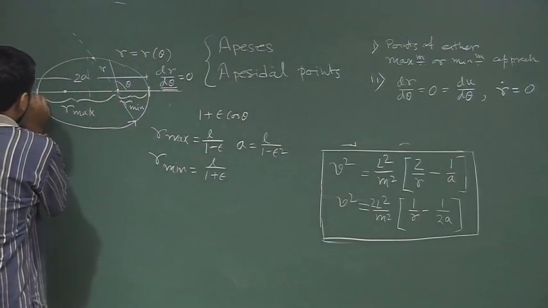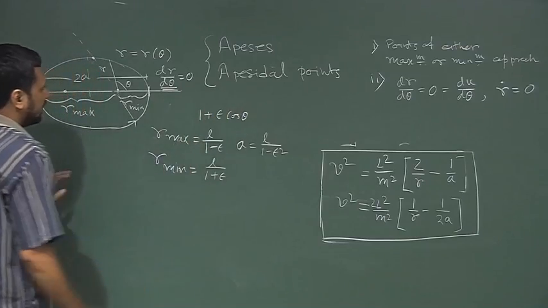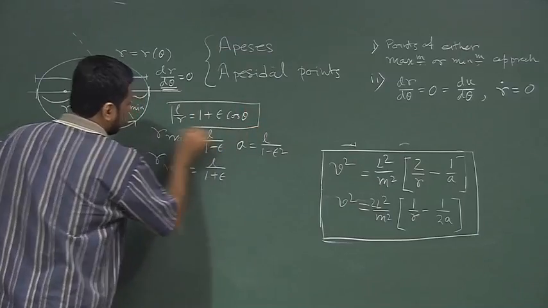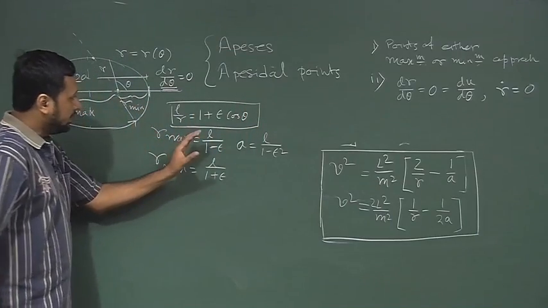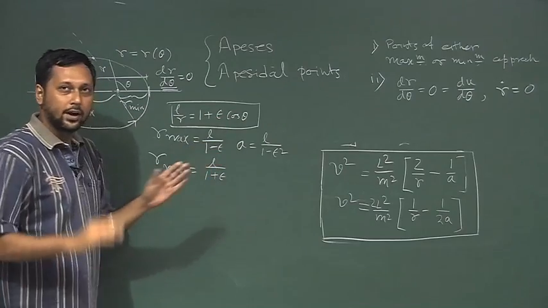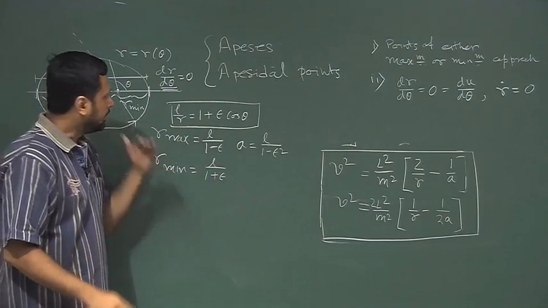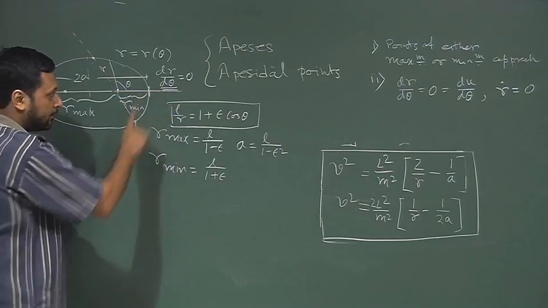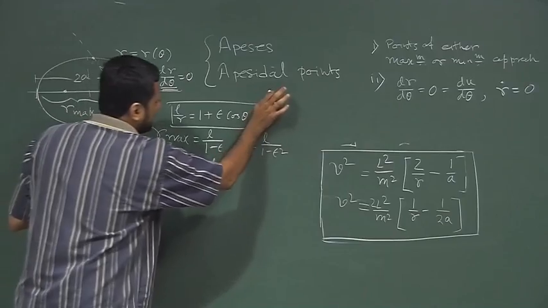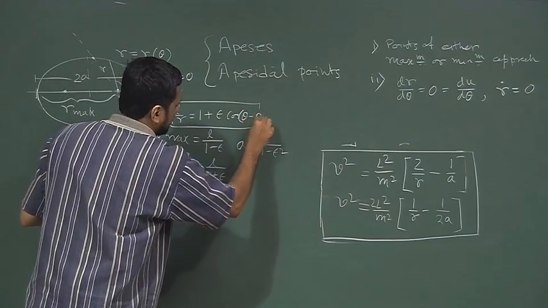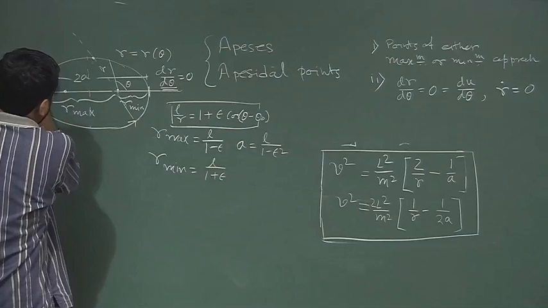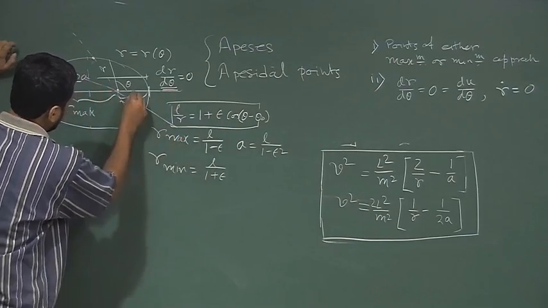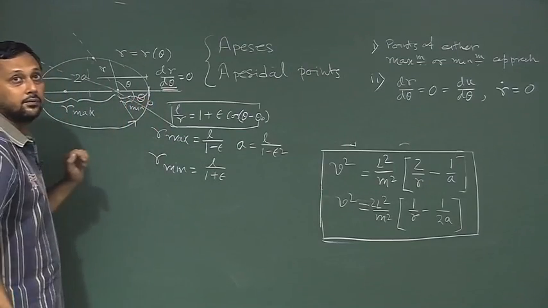Now, the way we write our equation for this particular case, the equation is L by r equal to 1 plus epsilon cos theta, but typically we have chosen to write our equation in a particular form, where the reference line is the line where the apices lie. What I am trying to tell you is that if I have, instead of cos theta, cos of theta minus theta 0, that means our axis system is not this, but this, with an angle theta 0 here, right.